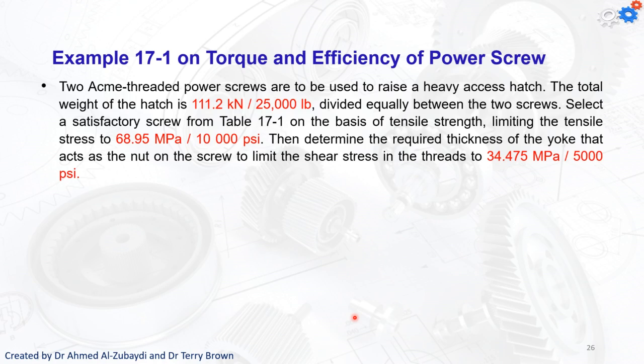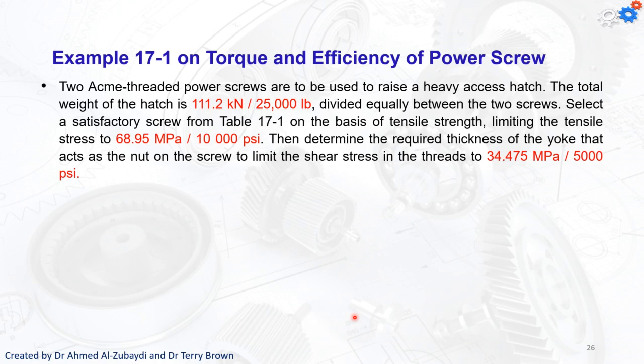The total weight of the hatch is 111.2 kilonewton, or 25,000 pounds, divided equally between two screws. That means each screw carries half of that load, or 12,500 pounds, or 111.2 kilonewton divided by 2.